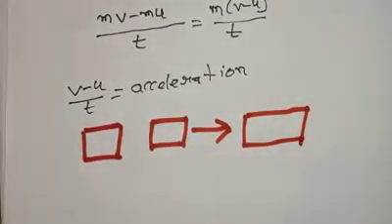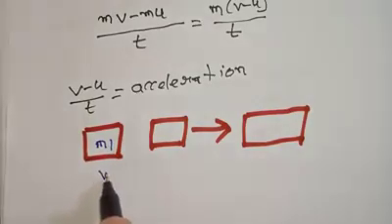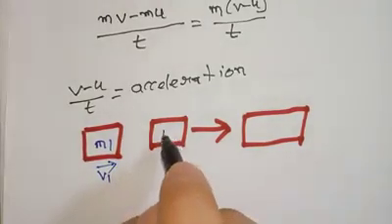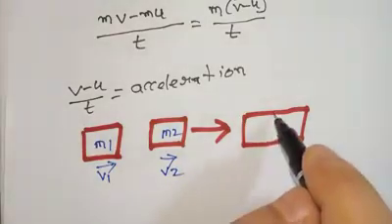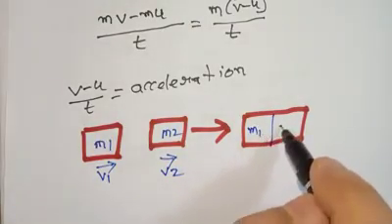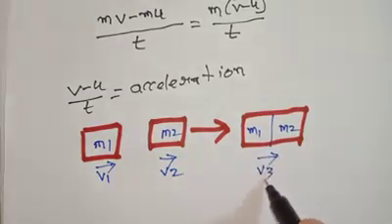By the law of conservation of momentum, we name this one m1 moving at a velocity of v1. This is m2 moving at a velocity of v2. Once they collide with each other, m1 and m2 remain the same, but they move at a new velocity, which is v3.